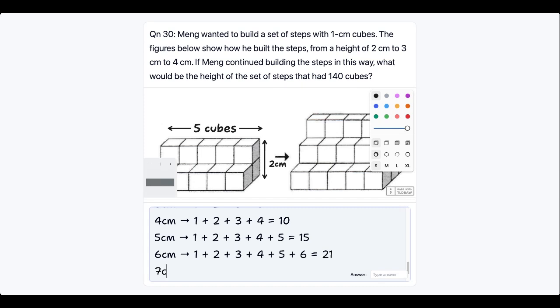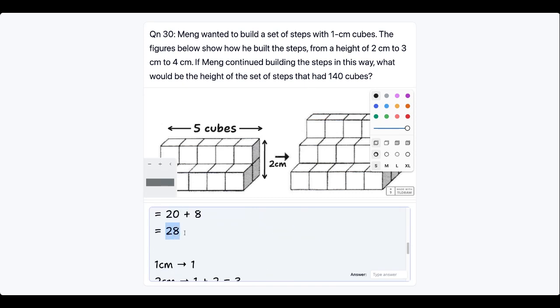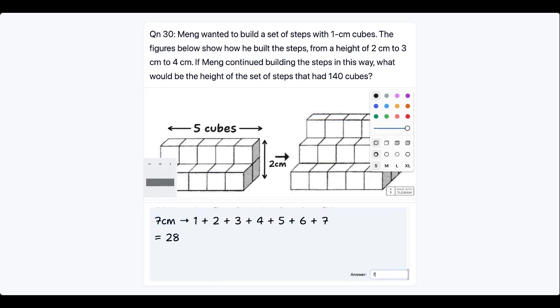And then for 7 centimeters, I think you got the answer. So 7 centimeters is equal to 1 plus 2 plus 3 plus 4 plus 5 plus 6 plus 7. Okay, and this will become 28. So in this case, the height of the cubes to get 140 cubes, which is 28 rows of cubes, is 7 centimeters. So the answer is 7 centimeters.